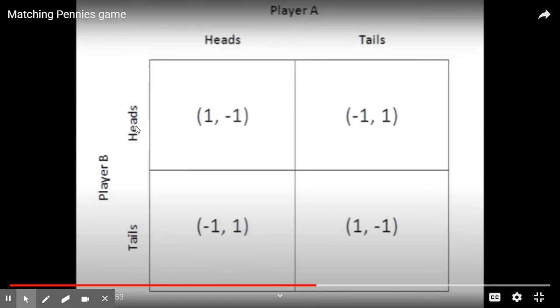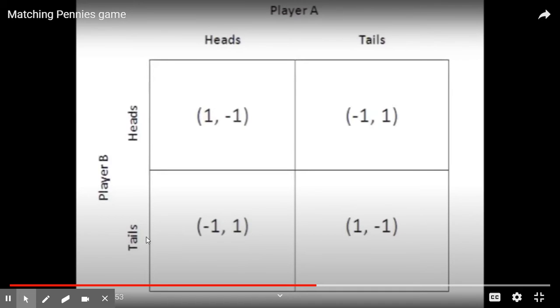If player B chooses head, player A can choose head or tail. If you can see, if he chooses head, he will lose the game. If he chooses tail, he will win the game, so he will choose the tail.